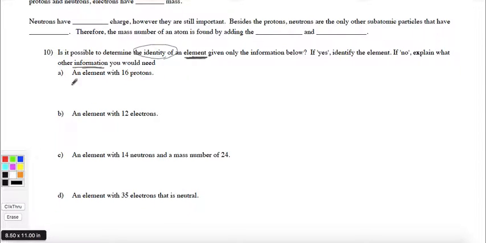So the first one, 16 protons, yes, because that equals the atomic number. So go to the periodic table and look that up. It's going to be sulfur. An element with 12 electrons, this is no. We need the charge.